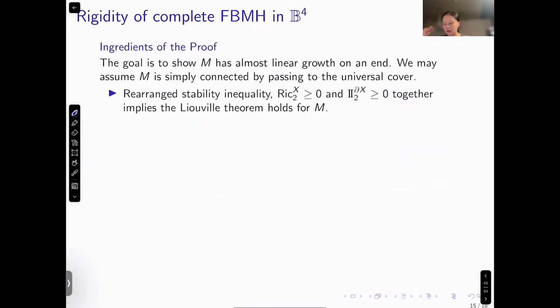And now let's look at the condition of the Ricci 2 and also 2-convexity. So they will give us this nice property of the minimal surface M, that it has this Liouville theorem, which says that any harmonic function on M with finite energy has to be constant.